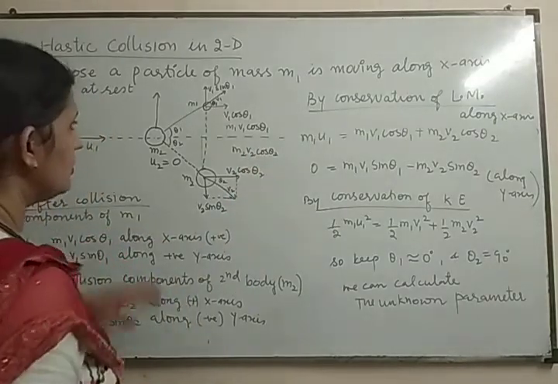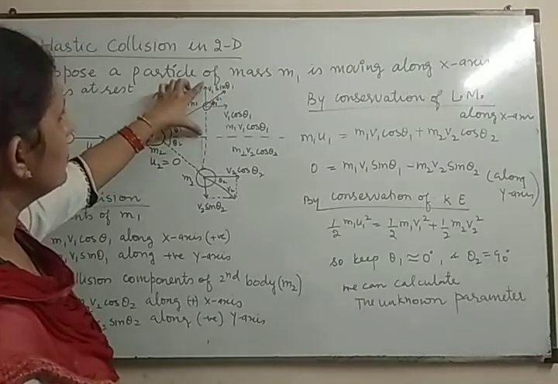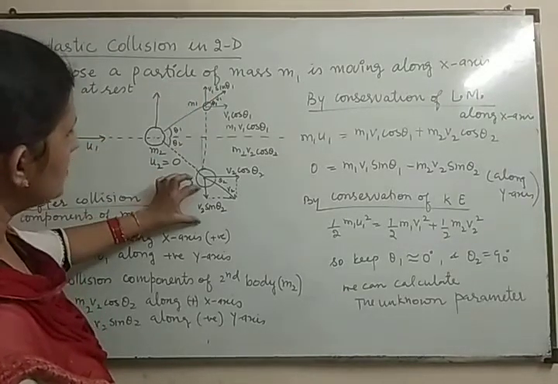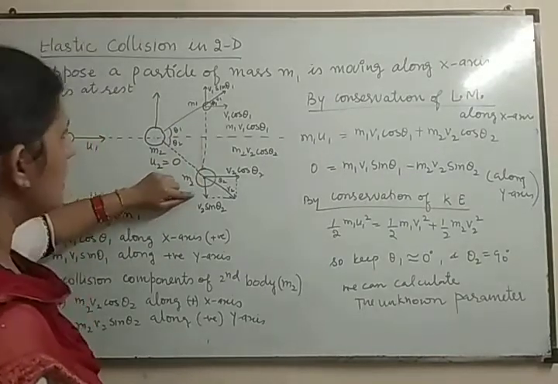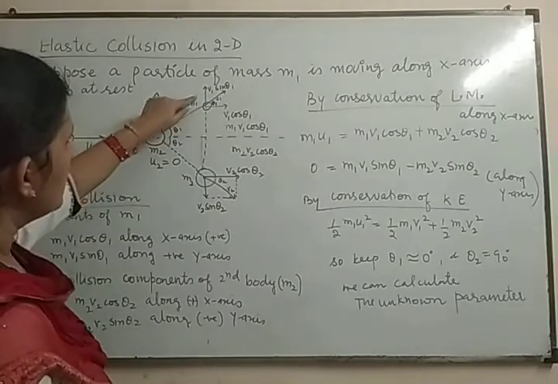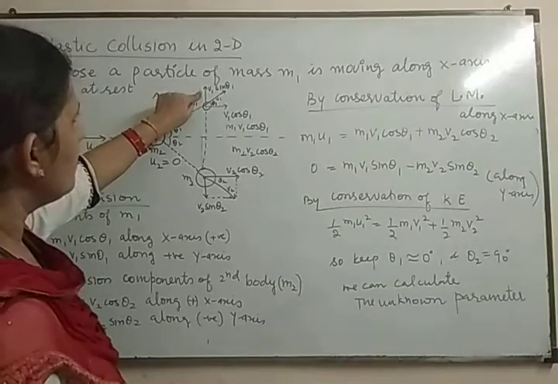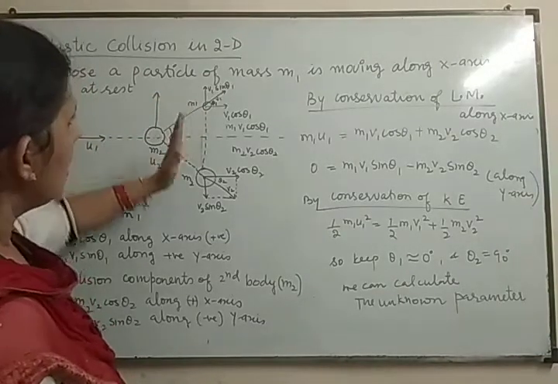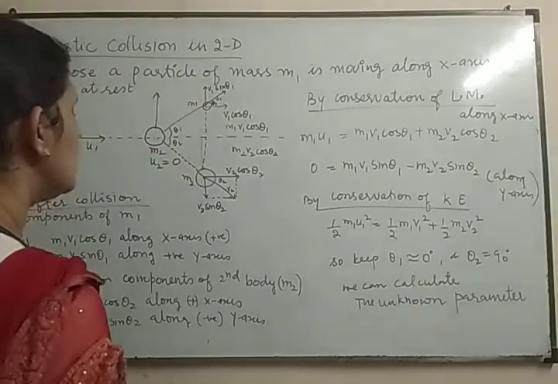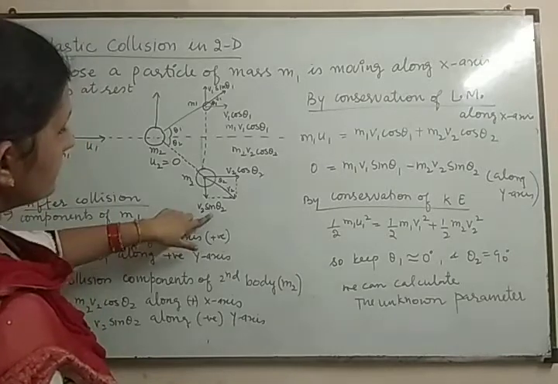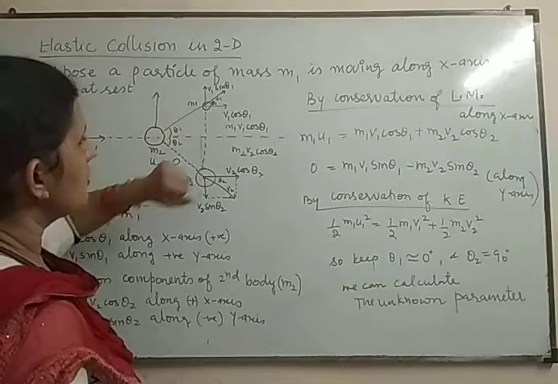But along the y-axis, v1 sin theta 1 is along the positive y-axis and v2 sin theta 2 is along the negative y-axis, so it has the opposite sign to the first body. The momentum of the first body is m1 v1 sin theta 1 along the positive y-axis, and m2 v2 sin theta 2 along the negative y-axis. This is the momentum after collision.